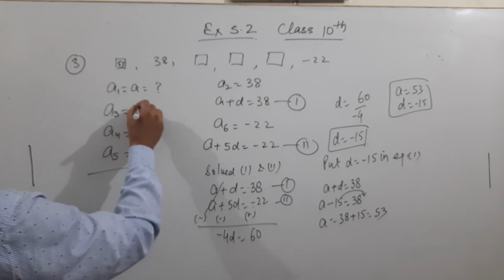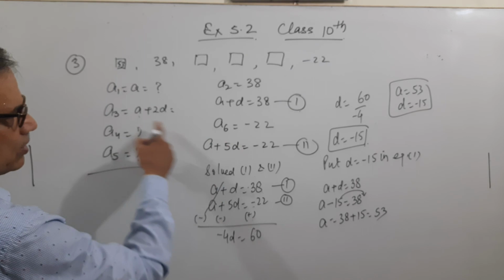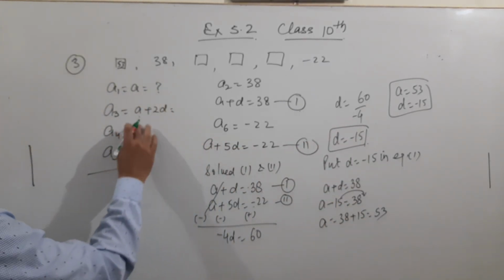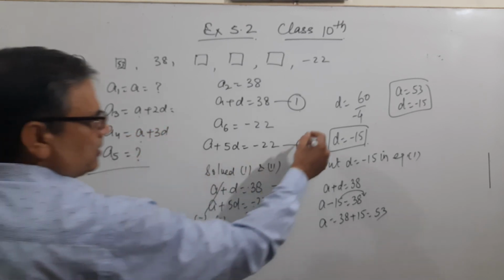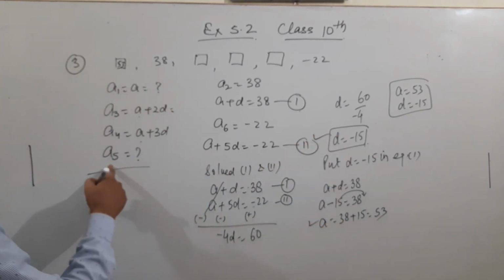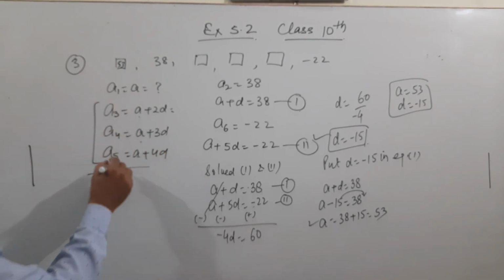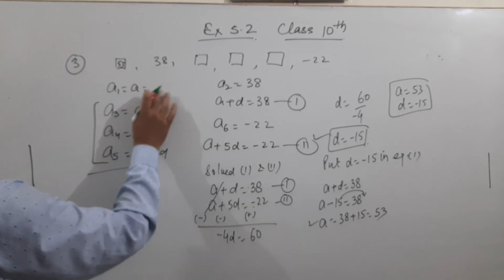A3 means A plus 2D. Now put the value of A and D. And now we have to find out A4. A4 means A plus 3D. Put the value of A and D. And for A5, we have to put A plus 4D. In this way, we can calculate all the blanks. And A is already 53.